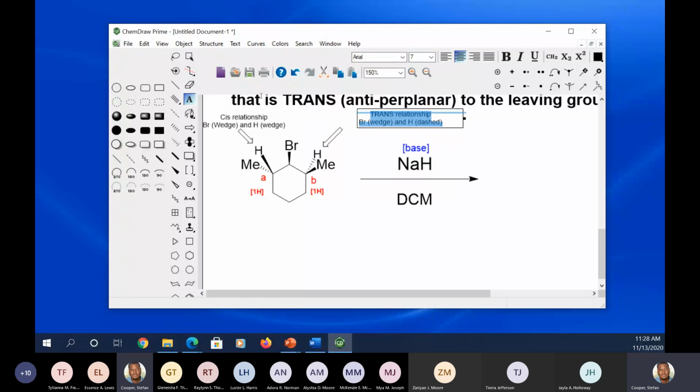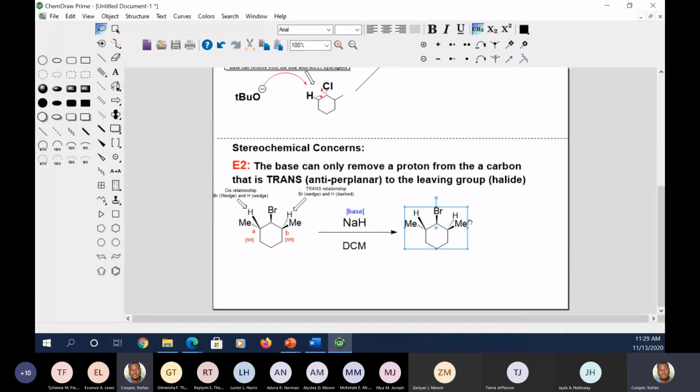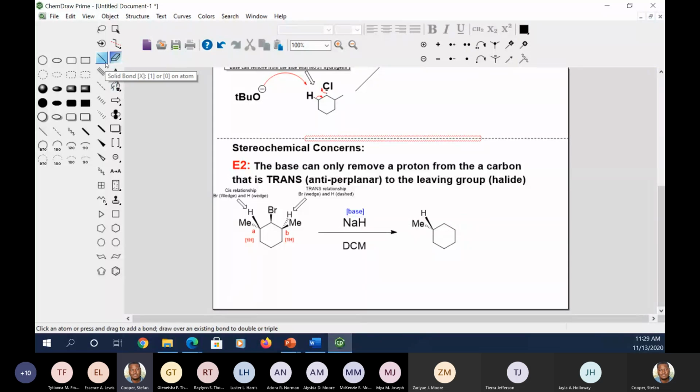So in this case, there's only one H that can be removed, and which one is it? The H that's on the dash. That's right. Or the H that's on my right-hand side. So the final product from this reaction would be this compound here. This is actually the only product that can form.